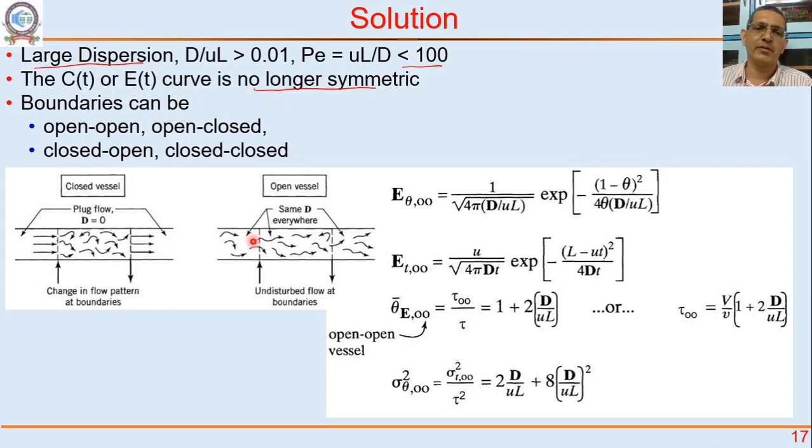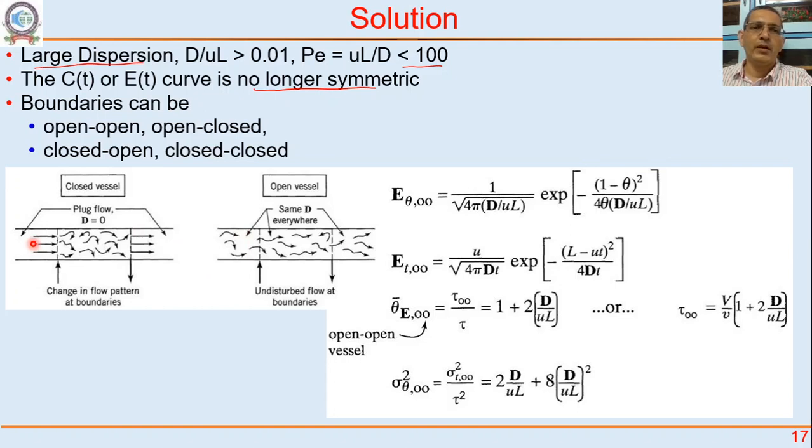Similarly, open condition at the exit means there is dispersion after the tracer has left the exit as well. So this is the condition called open condition. This is the condition called closed condition. Or we can have closed-open, or open-closed condition.